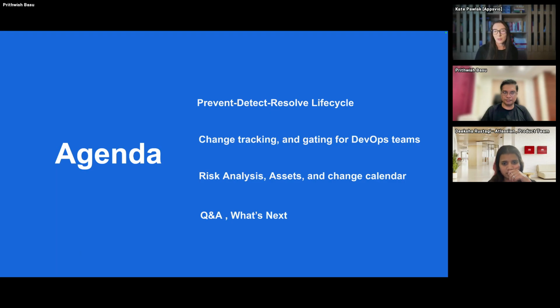And the next one will be risk analysis, assets, and change calendar. Of course, we will have time for a Q&A session, after the first and second parts of our session, and we will have a general Q&A at the end.